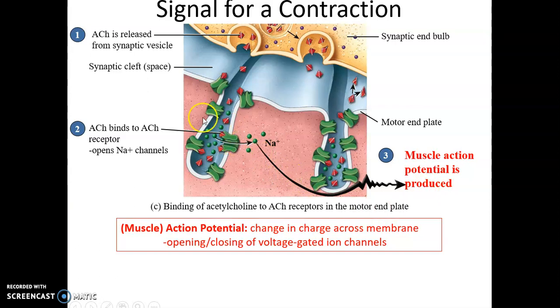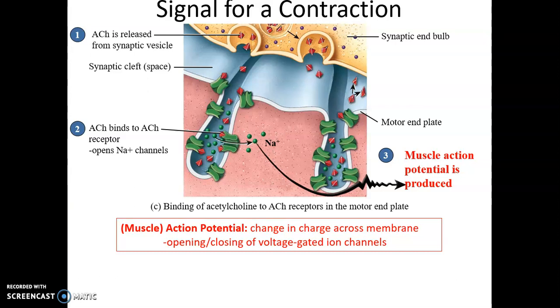Now, if enough of the acetylcholine receptors are bound to acetylcholine and enough of these channels open, there will be enough sodium ions entering the muscle fiber, leading to the generation of a muscle action potential.